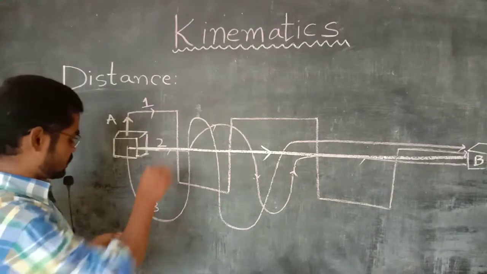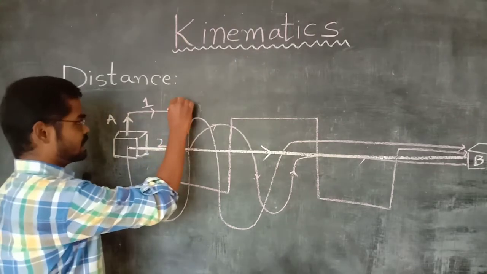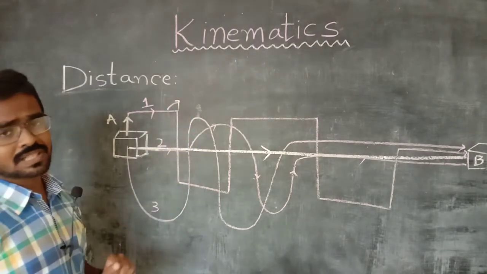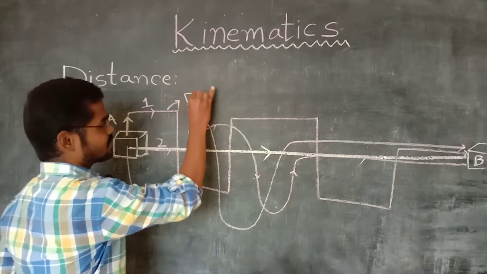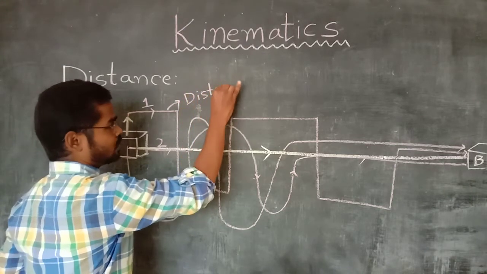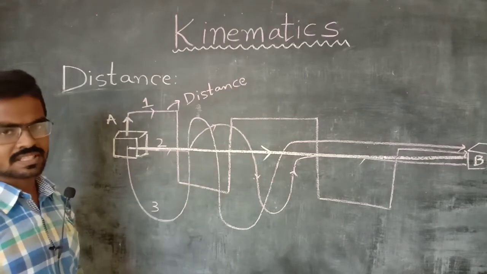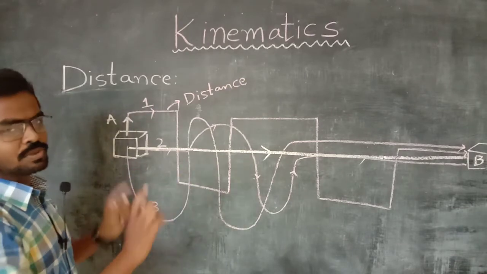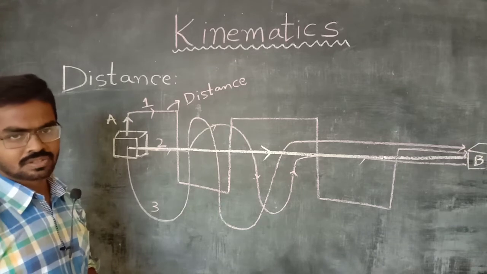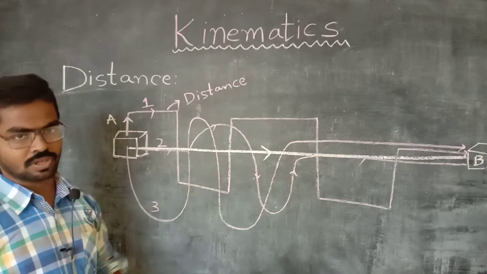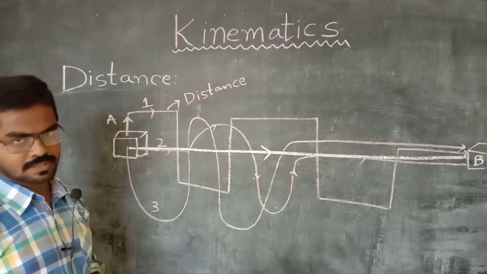All these colored lines which I have drawn represent the distance. Distance is the actual path, which does not follow any direction. Whereas displacement is the shortest path length covered by a body between two points.